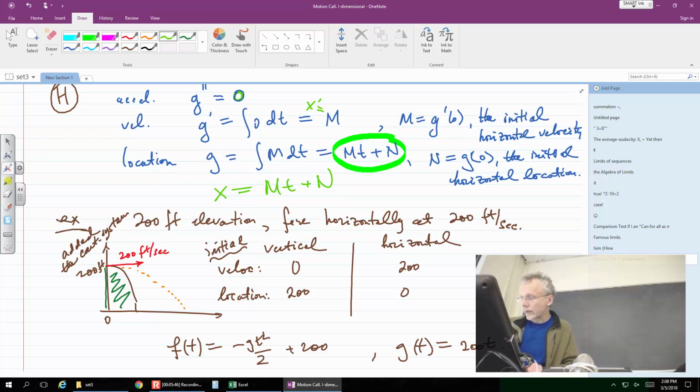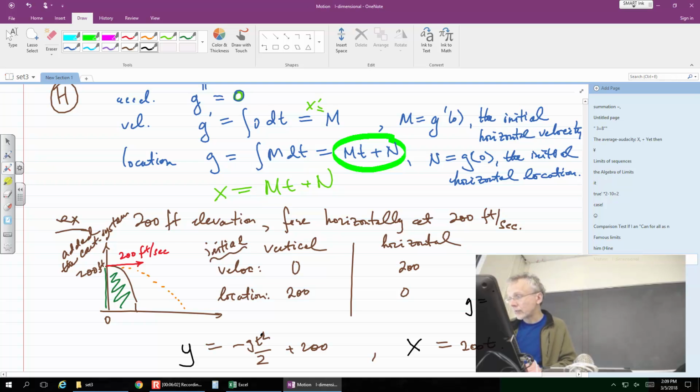The formulas for x and y we have written. In fact, I would like to change that notation so that we would be slightly more comfortable. So this is y and this is x, as a function of time. Except for g, which is 32 feet per second squared, everything is specific.